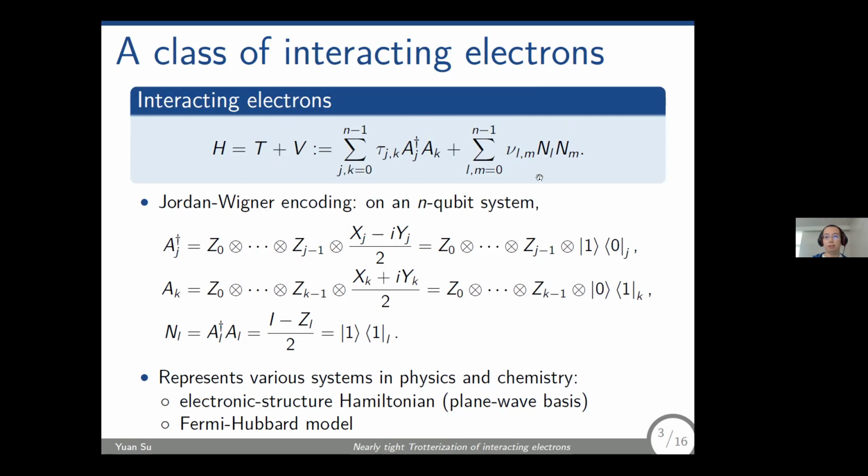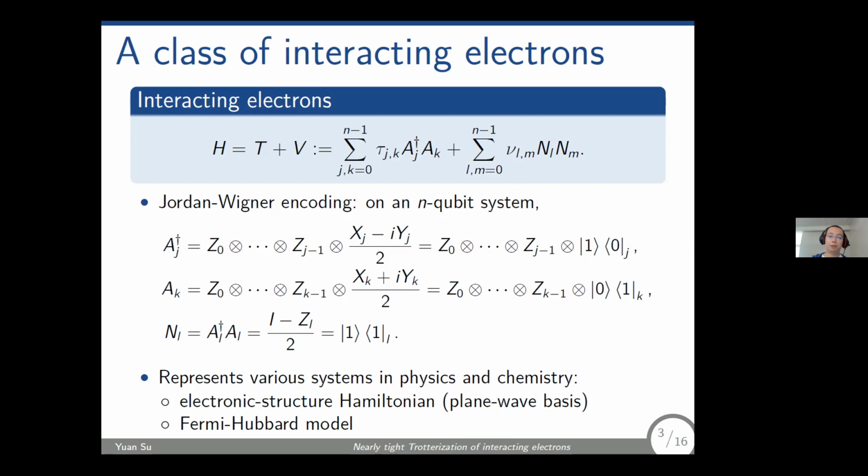The V part is further decomposed into a linear combination of occupation number operators. Hopefully you have already seen fermionic operators before, but in case you haven't, you can think of them as operators acting on n-qubit quantum systems. They are just Pauli strings, and this is called the Jordan-Wigner encoding.